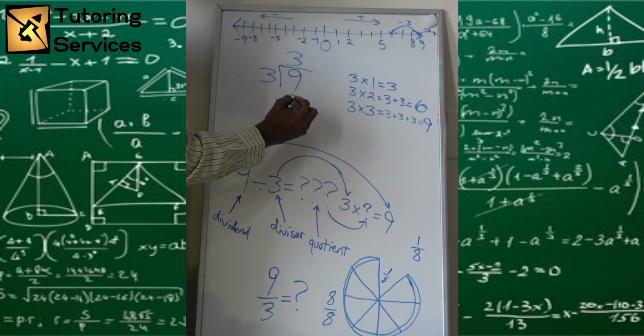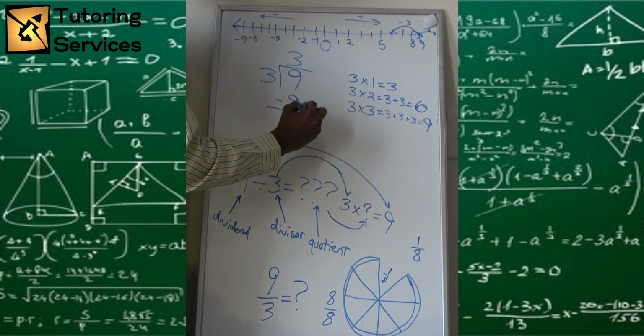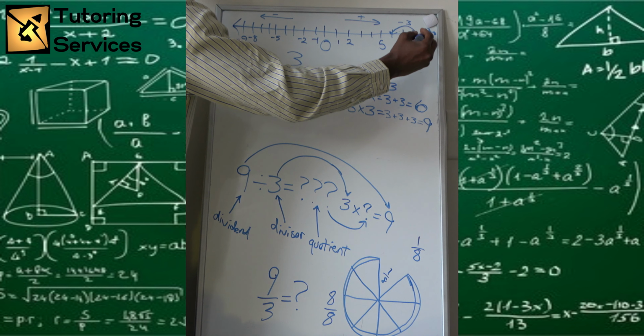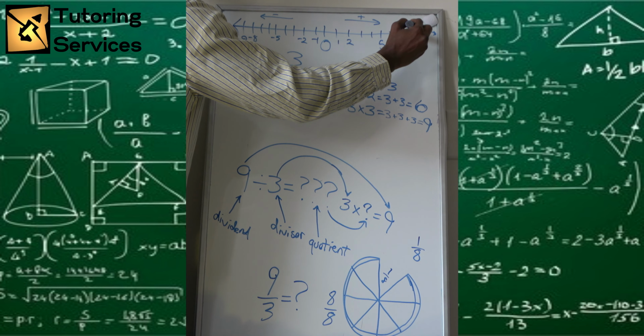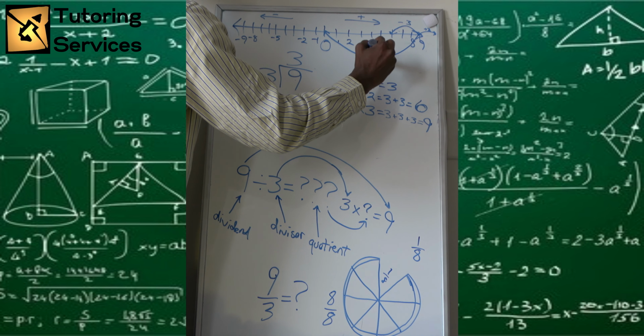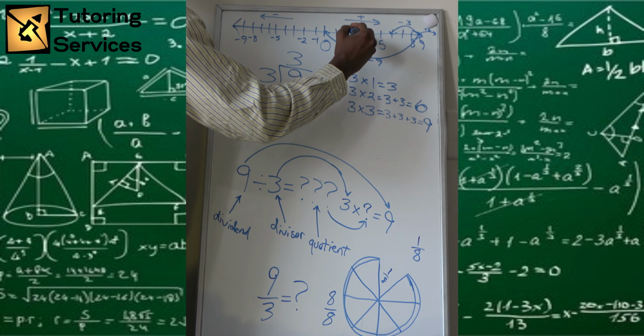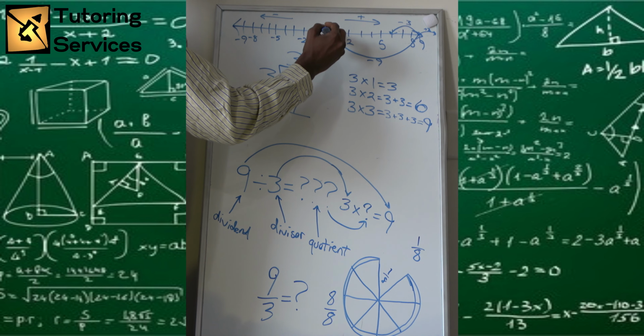Now you subtract this product from this number, and what do you get? What's 9 minus 9? 1, 2, 3, 4, 5, 6, 7, 8, 9. That brings us to 0.